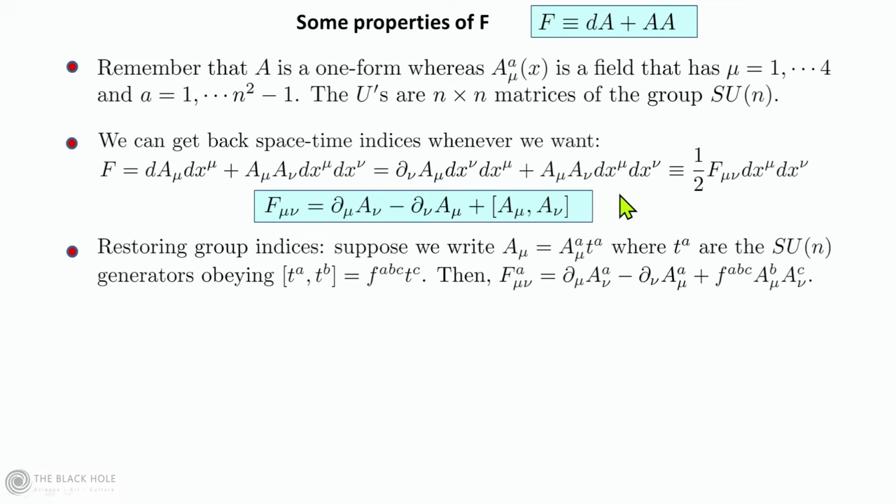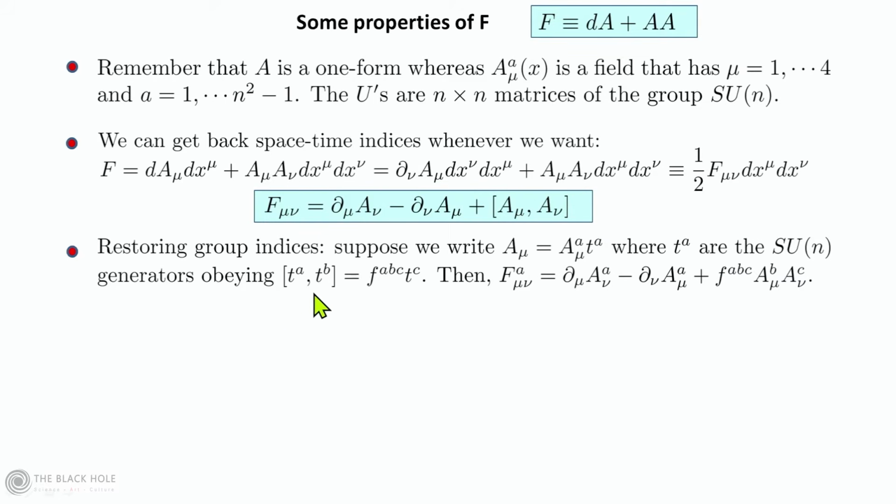Right. Now suppose you want group indices. So I've restored the space-time indices over here. Now suppose I want to restore the group indices. So if you write A mu as this, A mu a T a, a is summed over all the group generators from 1 up till N squared minus 1.